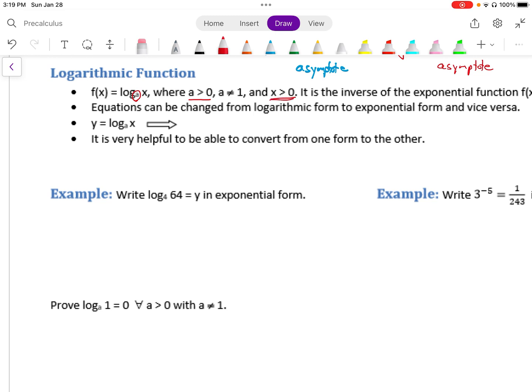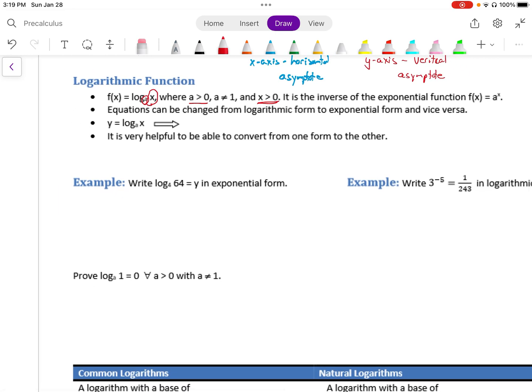So we don't put negatives in here either. It's the inverse of the exponential function f of x equals a to the x. So notice the base of the logarithm, which was a, is the base of the exponent. Not reciprocals, inverses.